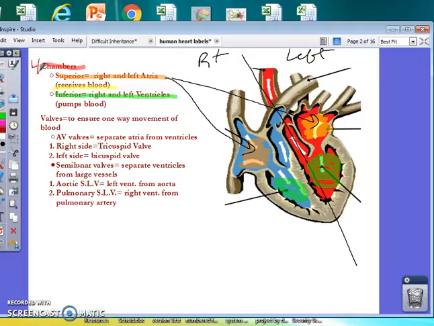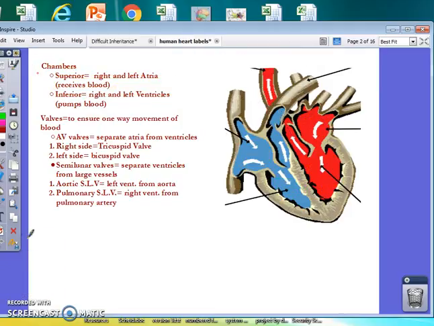Now I'm going to clear the annotations here so that we can take a look at the arrows, because the arrows are significant in that they show the direction of blood flow. Now, the bigger picture is this. Blood is going to come into the heart and it's going to leave the heart.